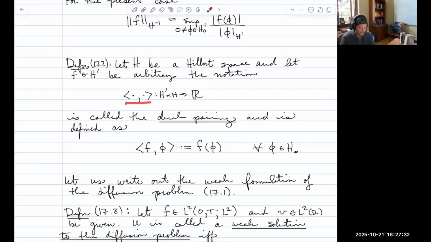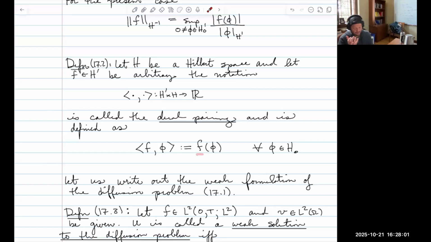So this object is called the dual pairing, and it's defined as follows. This is going to be a weird definition for those of you who've never seen it before or thought about it. F against phi in the dual pairing is just equal to F acting on phi. It makes sense that it can do that.